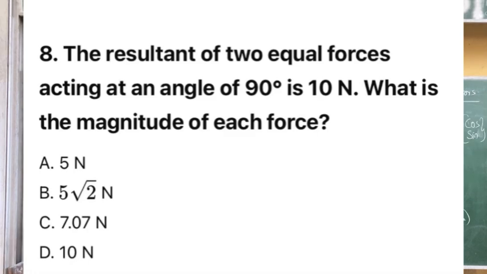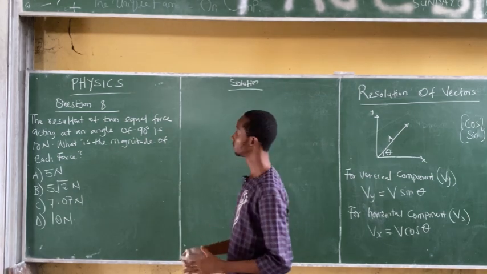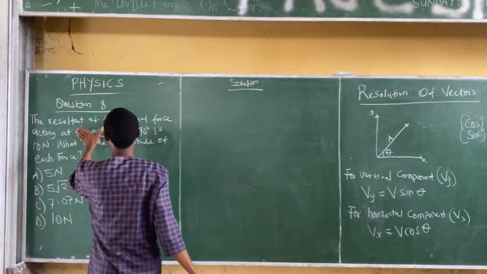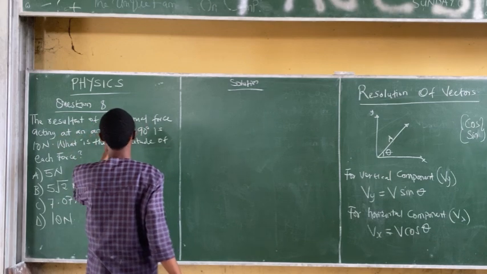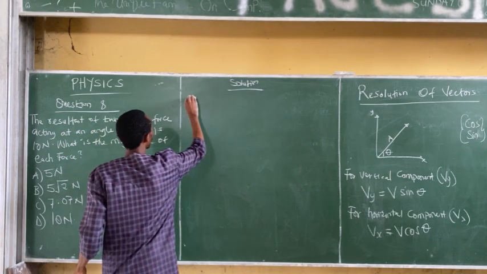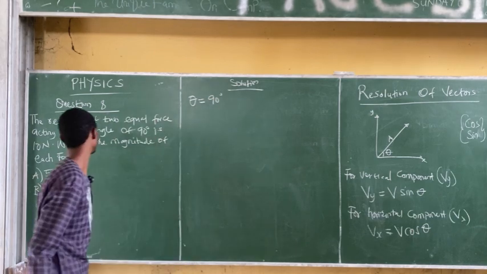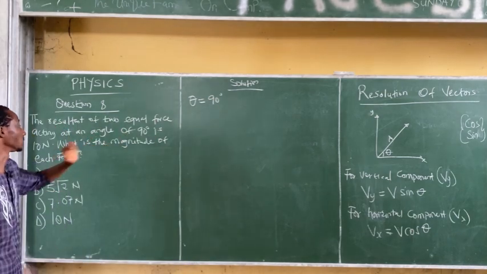So, solution. From the question we were given two equal forces acting at an angle of 90 degrees. So they gave us theta to be 90 degrees.